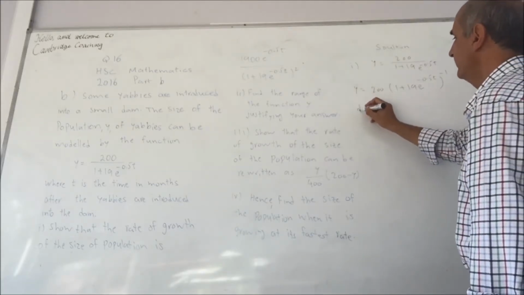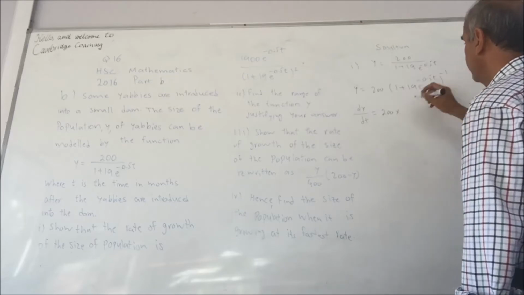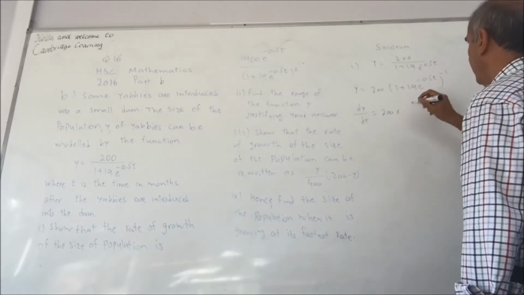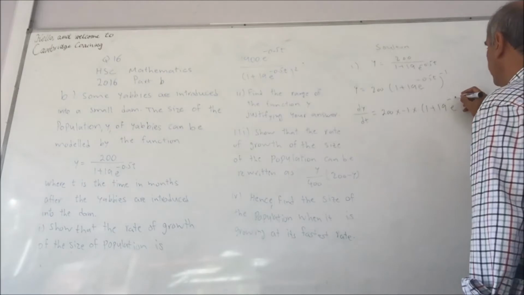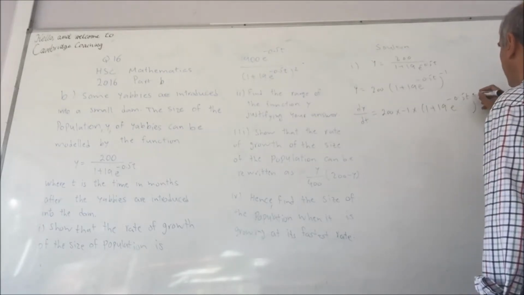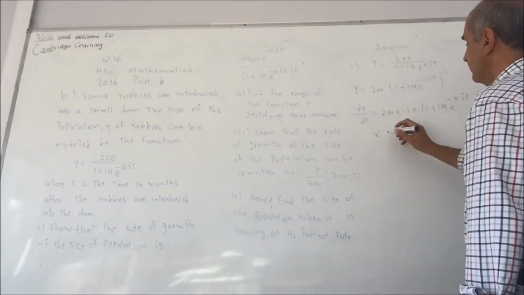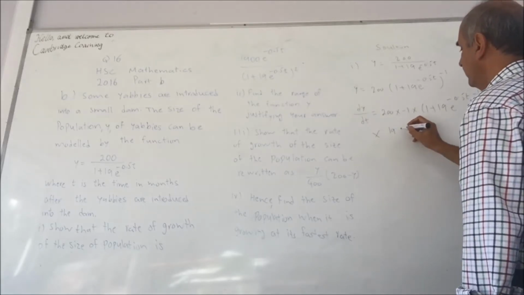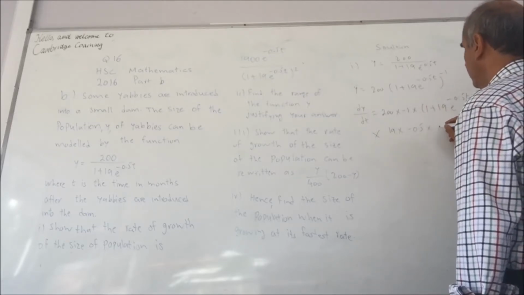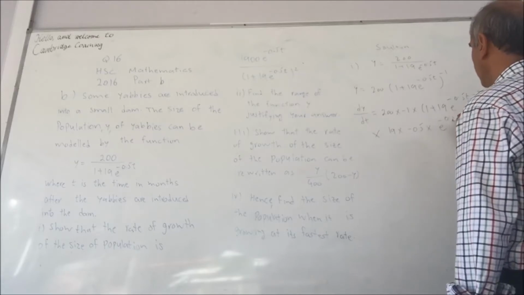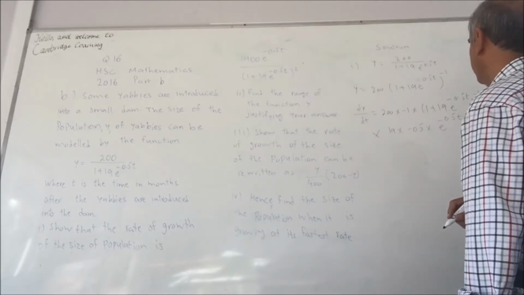From here I get dy over dt is equal to 200, this power comes down and the power decreases by 1, and I times by the derivative of the expression inside the bracket, which becomes 19 times minus half times e to the minus half t.